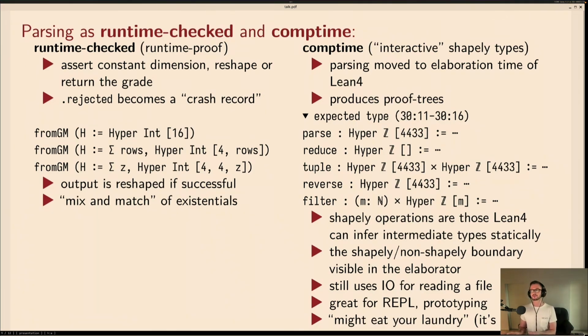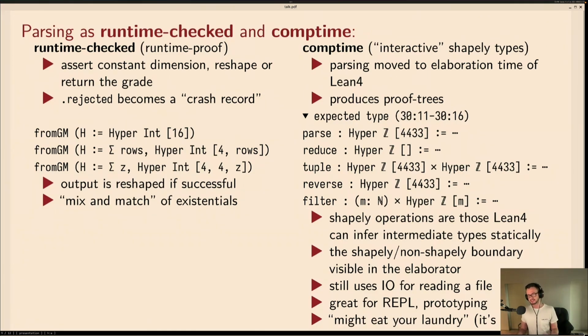And then now if we run a filter, we can see that we just went across this shapely operation path, because now we lost the nice concrete type, and now we have an existential again. So this does use the IO at compile time.